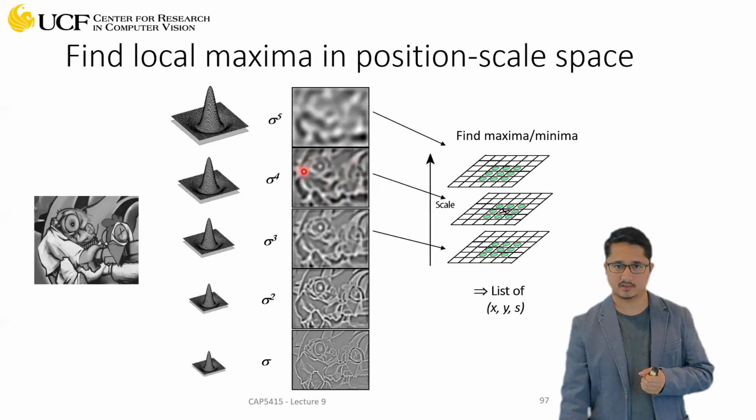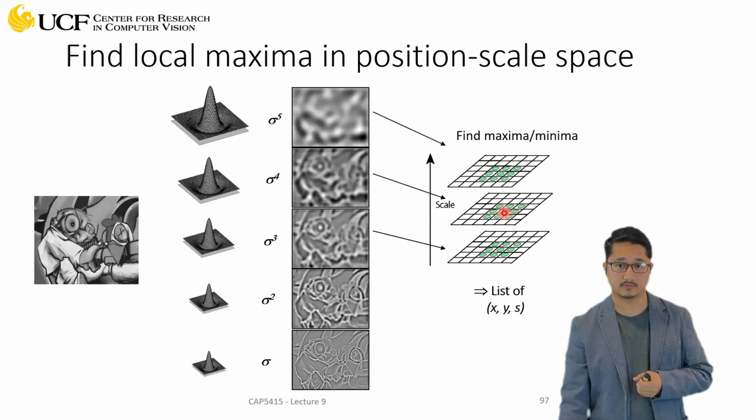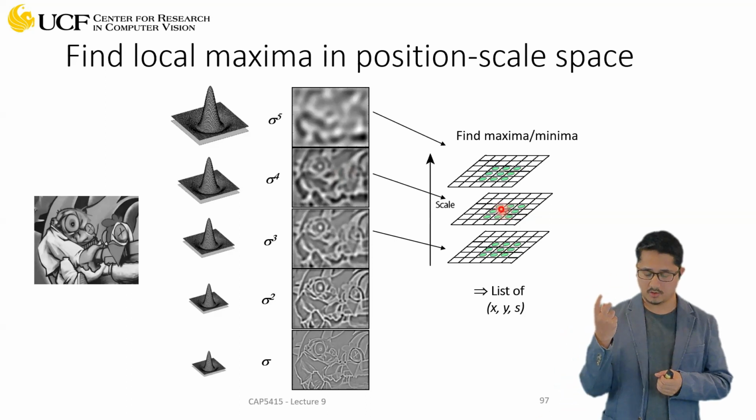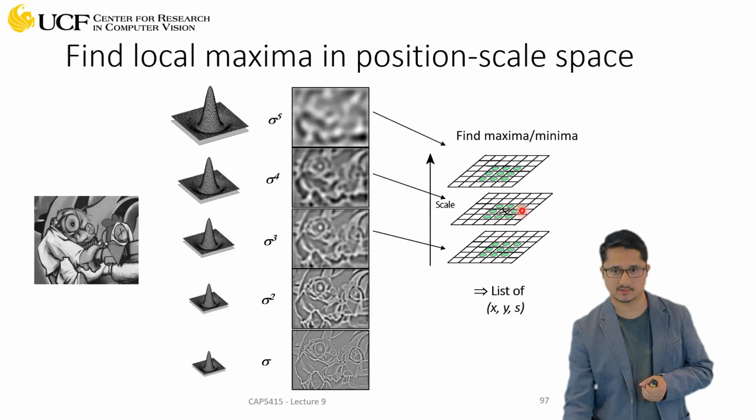Let's say we are interested in the 4th scale. We take this heat map, shown in grid format. Let's say we are looking at this pixel location. We look at the activations of the neighboring pixel locations, the green ones.